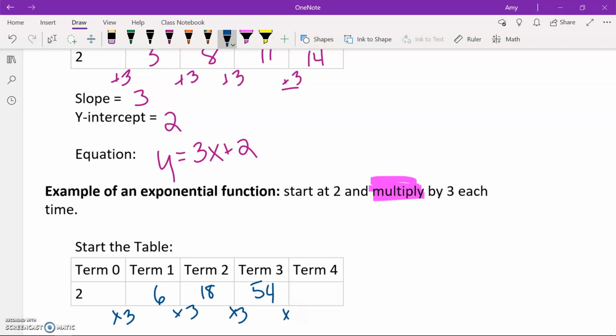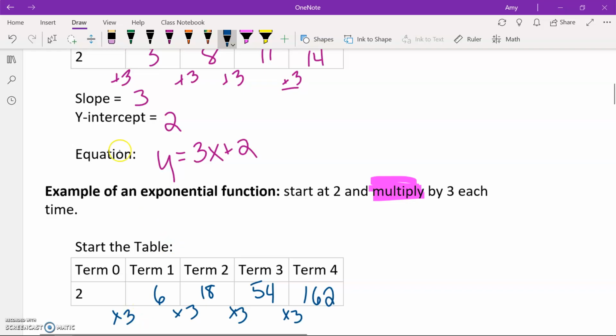And then 54 times 3 is going to be 162. So you notice that the first one we added 4, then we added 12, and every time it's increasing by more because we're actually multiplying the values.